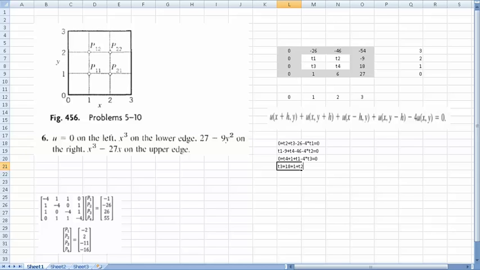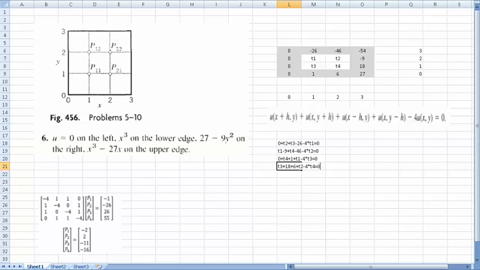Let's double check this. Neighbor to the left, neighbor to the right. Neighbor below, sorry, that's a 6. Neighbor below is a 6. The neighbor above T4 is T2. Then minus 4 times T4 equals 0.